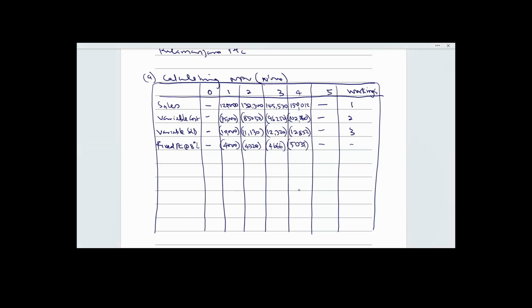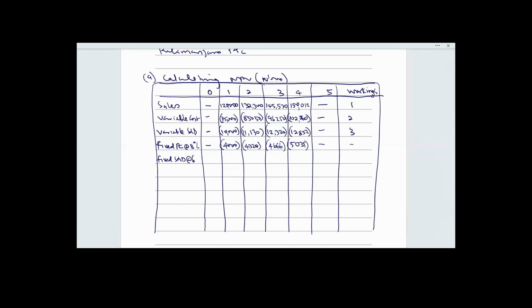Next item, we are also given fixed selling and distribution costs. What's the inflation rate for selling and distribution? 6%.